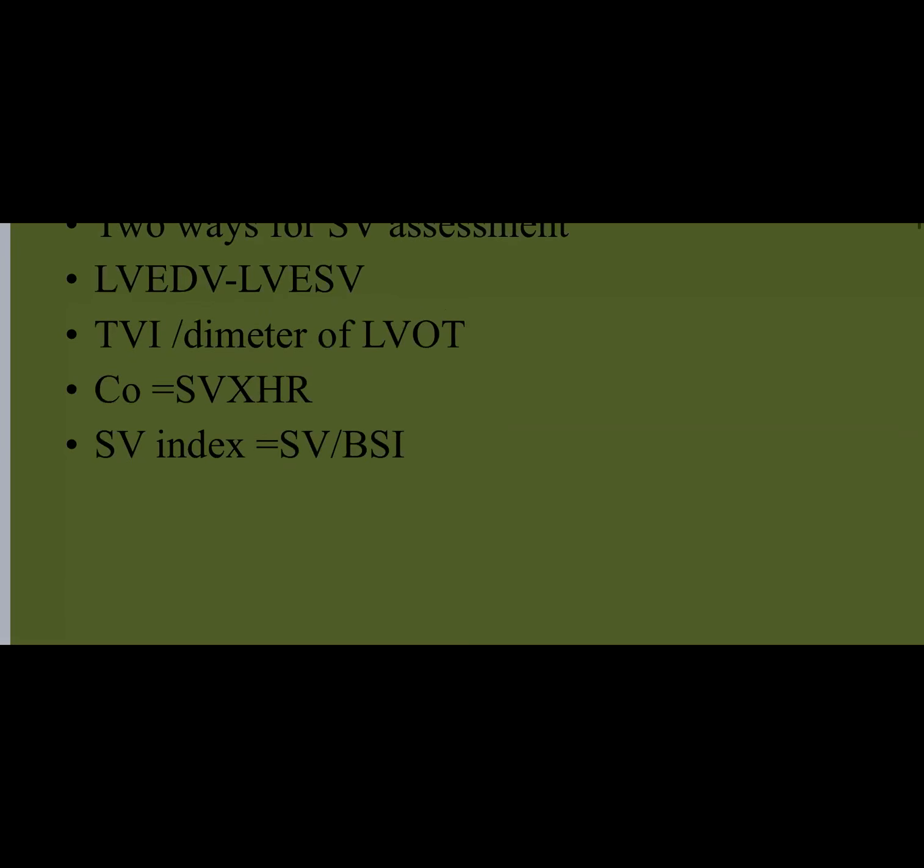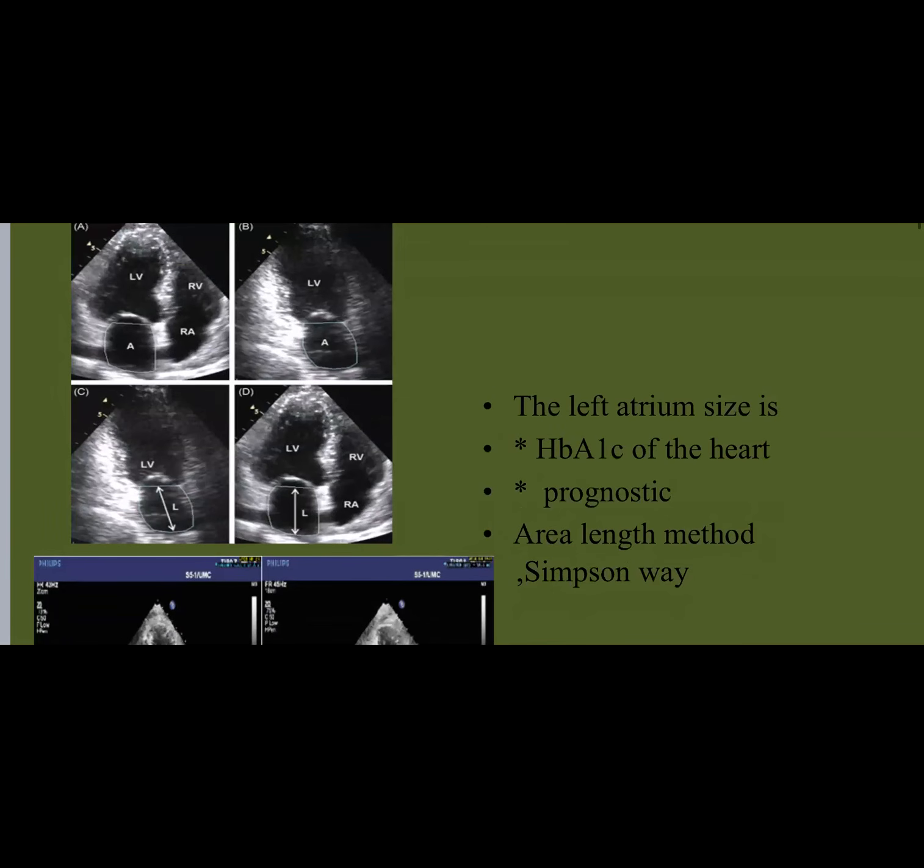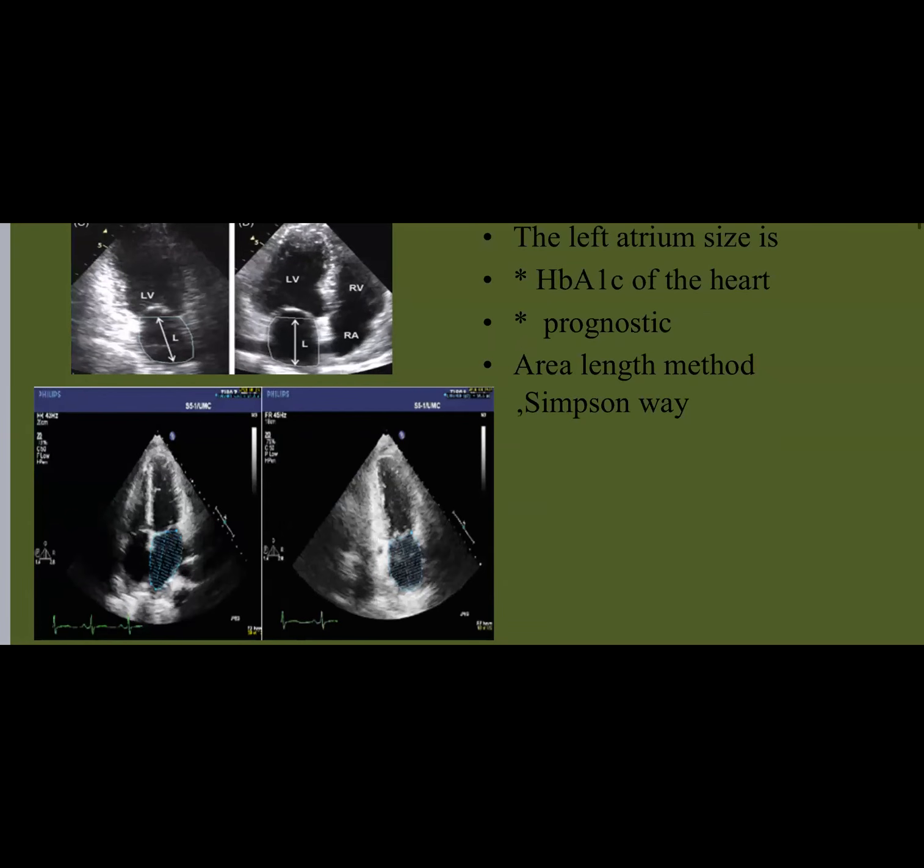Okay, now one important aspect of chamber quantification is the left atrial volume. And left atrial volume can be done by two ways. Area length method, and I wish you don't know about it, because it's now not actually the one used.